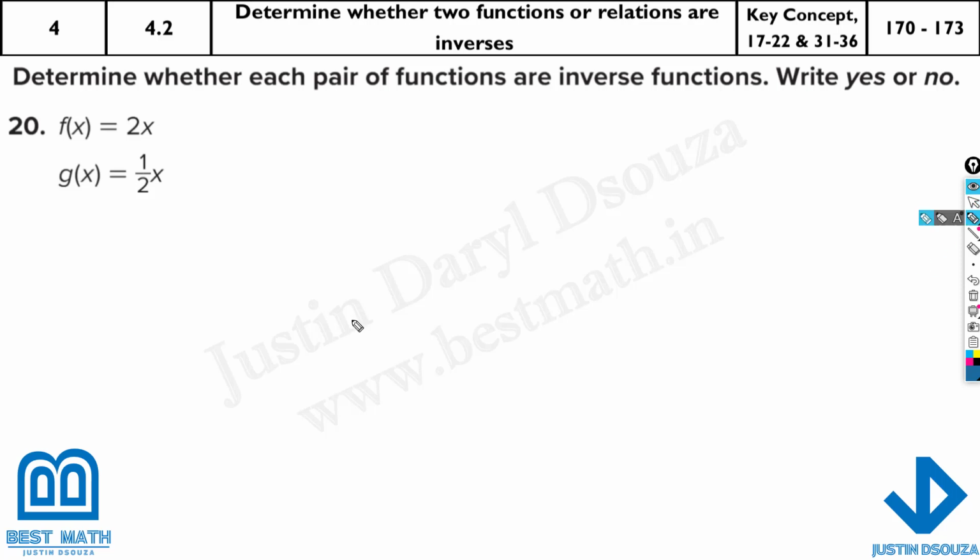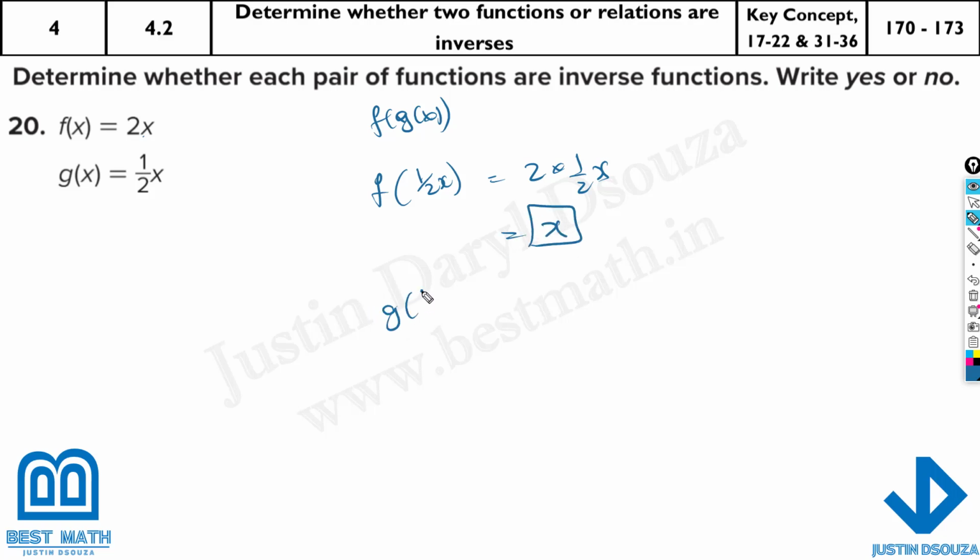What about here? When you look at it, you can say they are inverse of each other, because inverse of 2 is half. Half multiplied by x. So it's basically dividing by 2, isn't it? So let me do it quickly. f of g of x, and I'm directly going to write it over here. It is very simple, and it is going to be 2 times half x, and it'll be x.